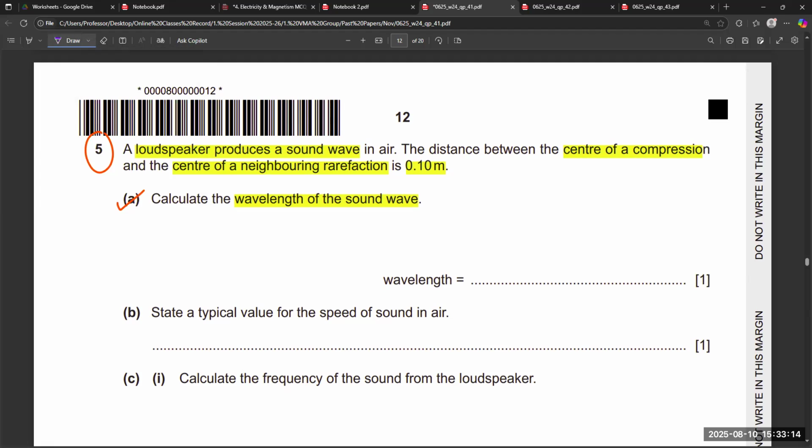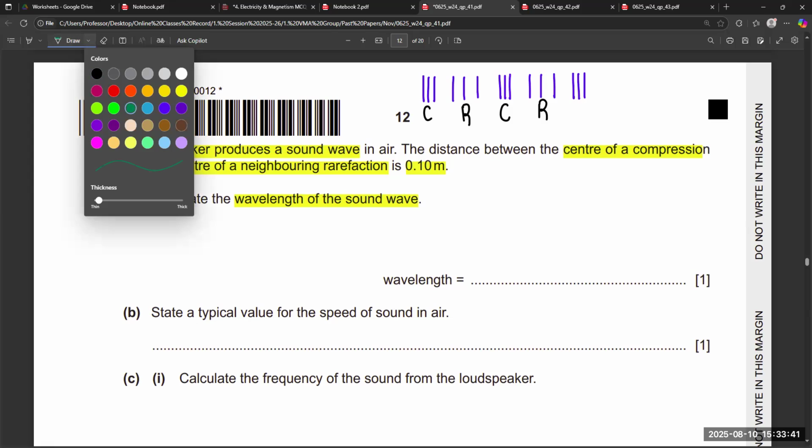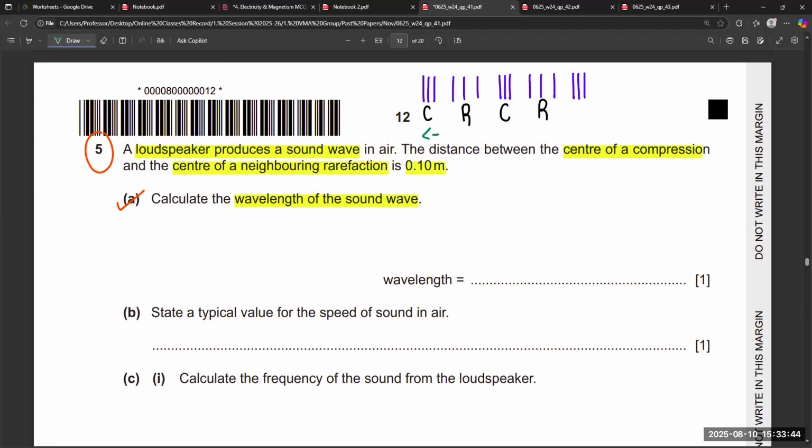So first of all, if we have compressions given, then we have rarefaction, then again compression, rarefaction, compression. So they are talking about the center of compression and rarefaction. So this distance is given. And we also know the distance between two consecutive compressions or rarefactions is equal to the wavelength.